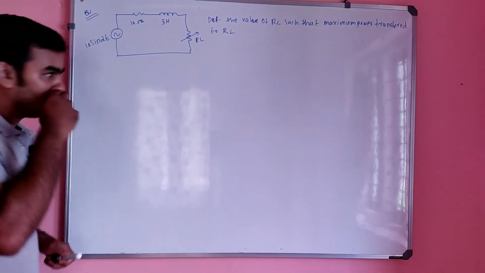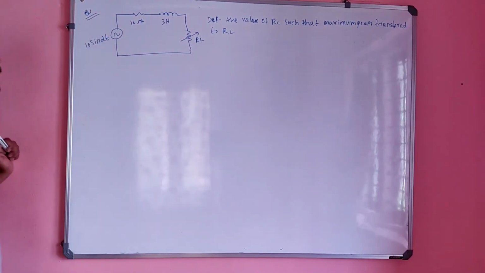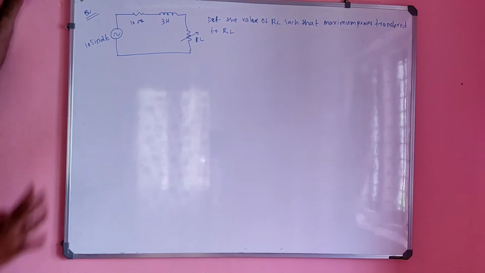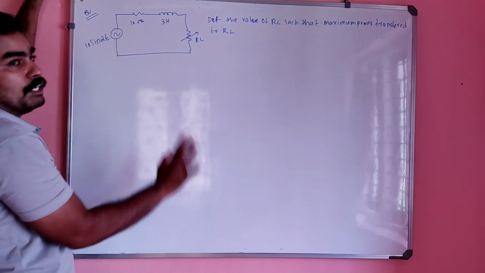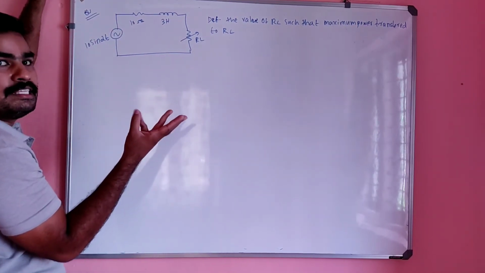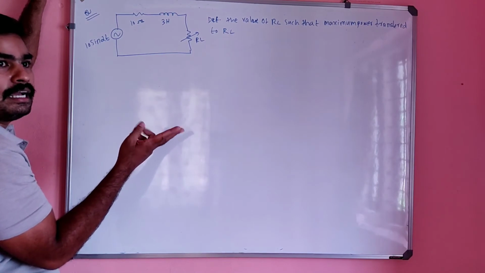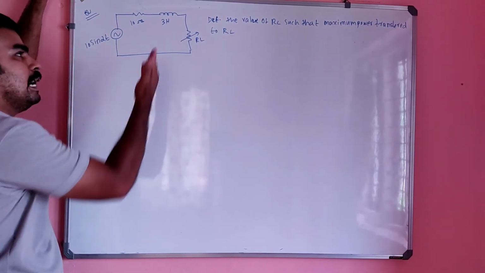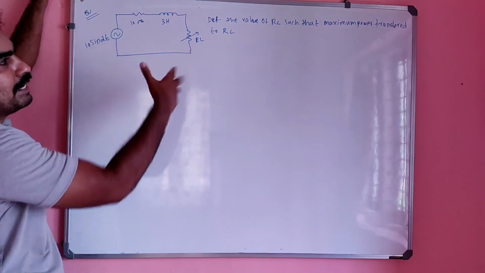See, we have to find the value of RL now. It is given that maximum power is transferring to RL. So what is the condition? Which equation do we have to use here? This is absolutely an AC circuit, right? So there are conditions like when RL is varying, XL is varying, and both RL and XL are varying. The question itself clearly indicates that RL is varying, because maximum power is transferred to RL.